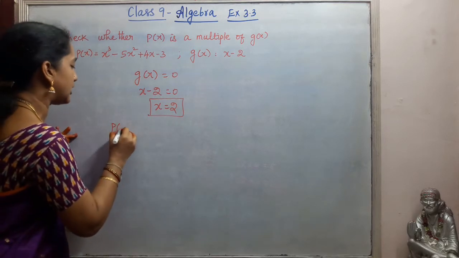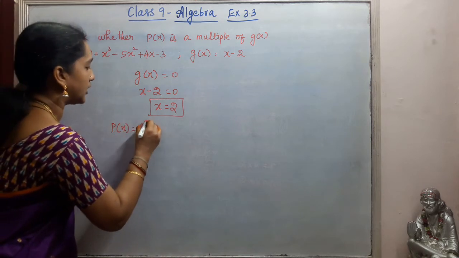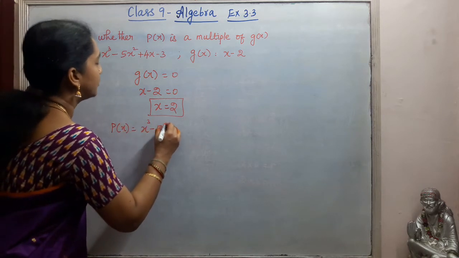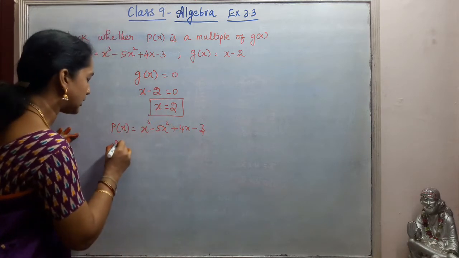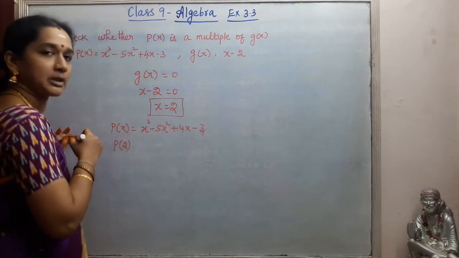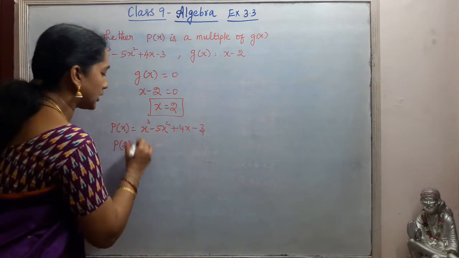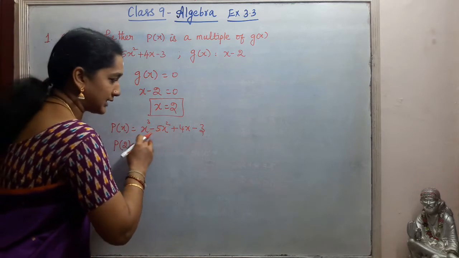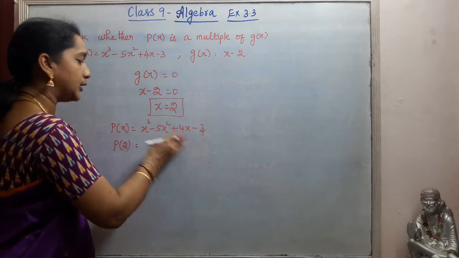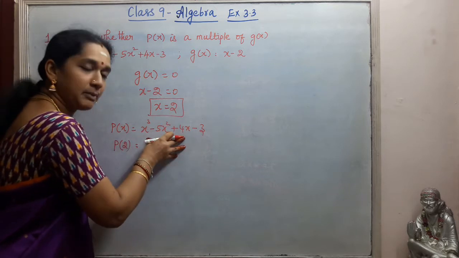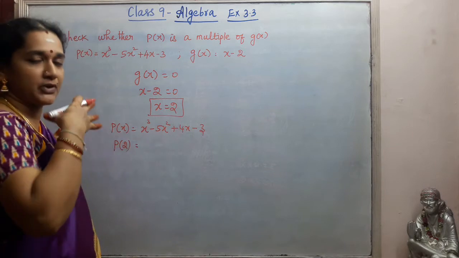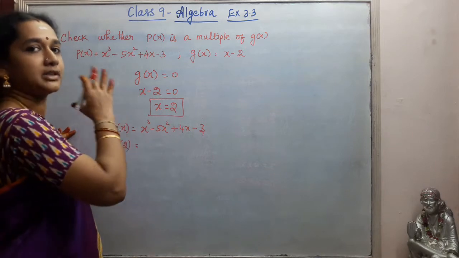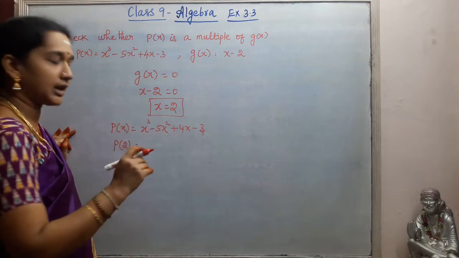In the question, p of x is equal to x cube minus 5x squared plus 4x minus 3. Instead of x we will substitute 2. So p of 2 is equal to, if we substitute this value in the given polynomial and we get 0, then it is a multiple. If we are not getting 0, then p of x is not a multiple. Like that we can conclude.